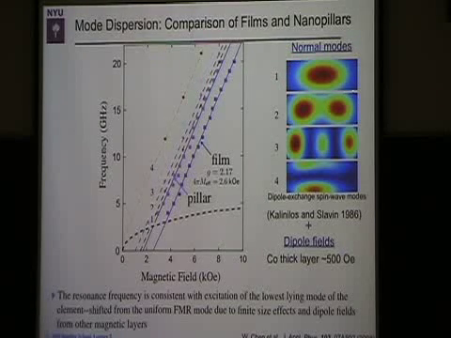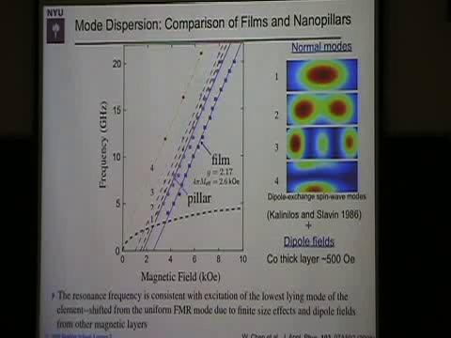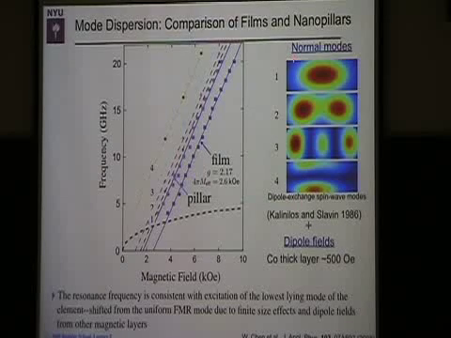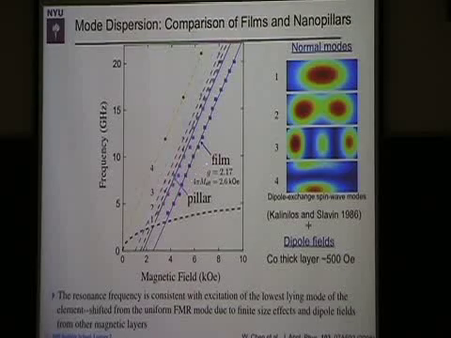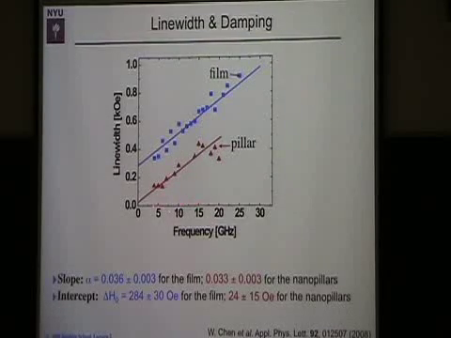In a small element, the fields are no longer uniform, so the modes you excite are no longer uniform. These are the normal modes, the lowest modes of something that has the same shape as our pillar. There are also additional fields associated with the additional layers in our structure that can explain the shift. And we could use this method to measure the damping of an individual element in our structure.